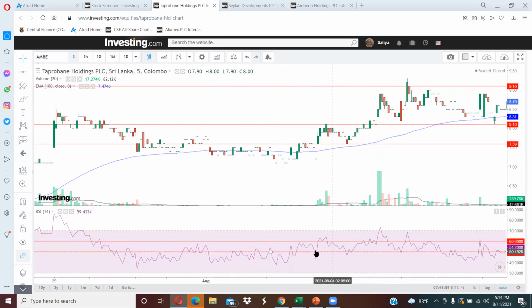You can see once it tried to move up above the RSI, above the 60 points, the volumes also increased compared to these volumes. But then there is a throwback. So we are waiting for the throwback. What if there is no throwback? It goes up, right? Then we don't take the trade. This setup, we don't take the trade, right?